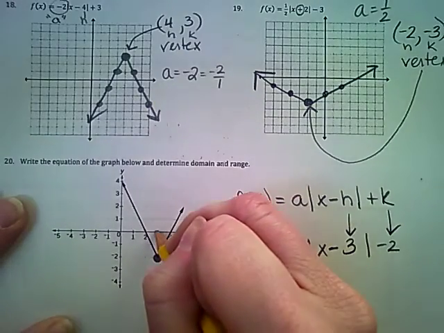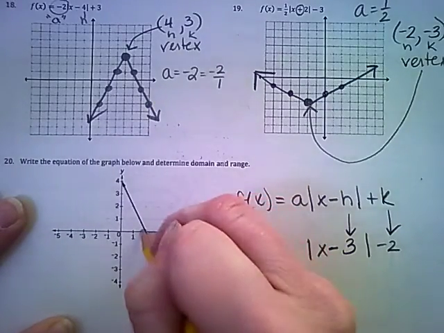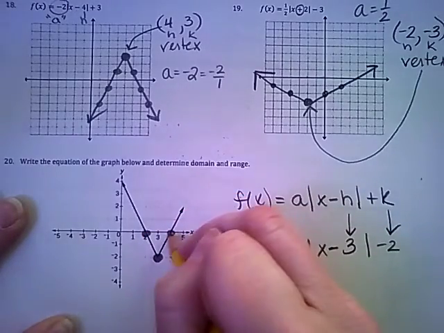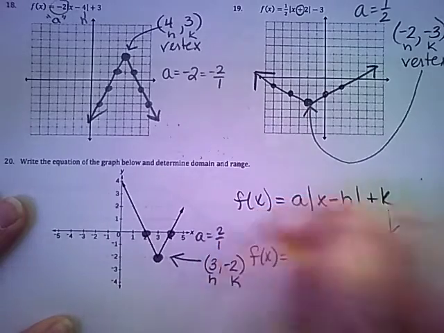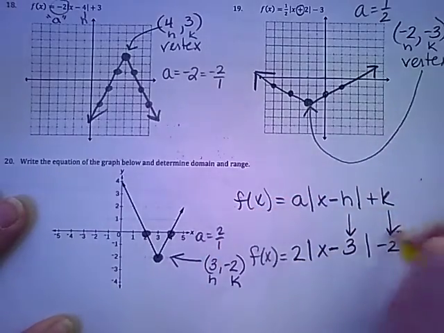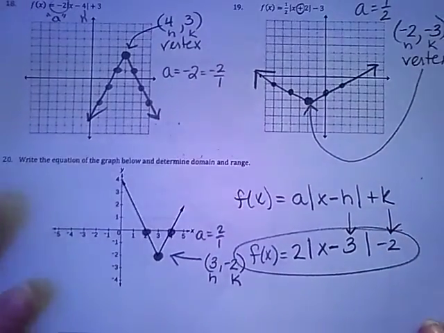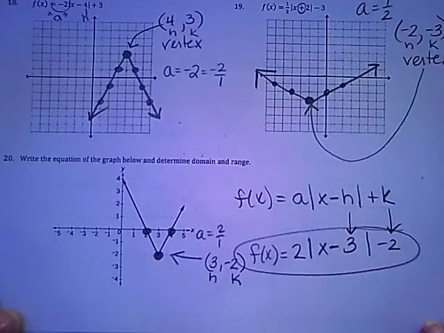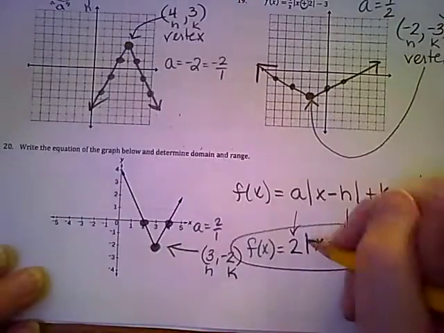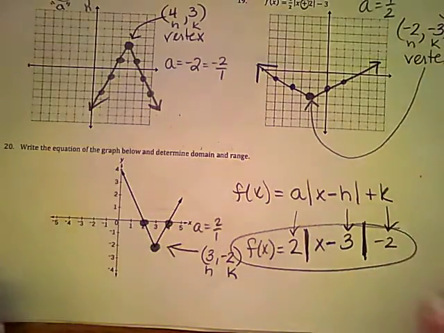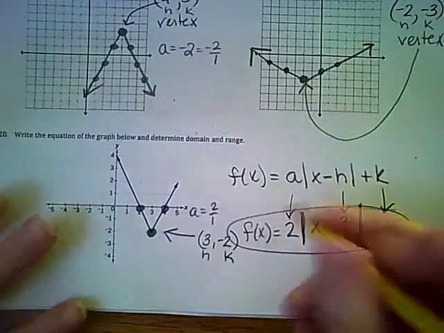So from here, I could go up 2 over 1 to find each point. So that means my A is 2. And there's your function. Domain.